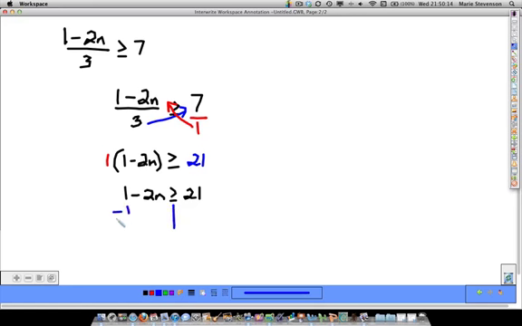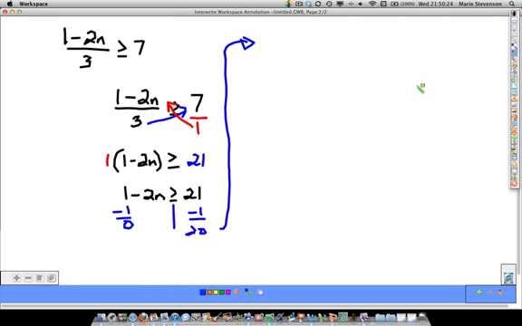I'm going to minus 1, minus 1. I'm actually going to rewrite this up here because I'm running out of space. Now if you notice, this is a negative 2n, so you have to make sure you keep that negative there. So now we have negative 2n greater than or equal to 20.